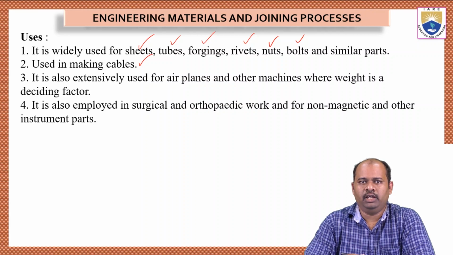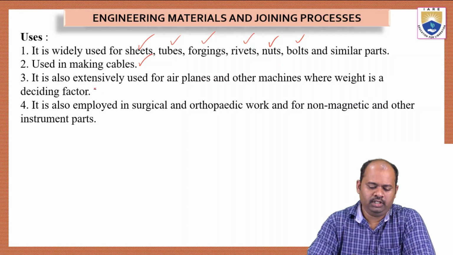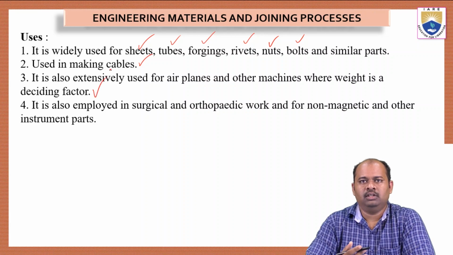So while we are designing or manufacturing aerospace or aeroplane structures, we have to go for lighter weight materials just like duralumin. So this material is widely used in the aerospace industry.